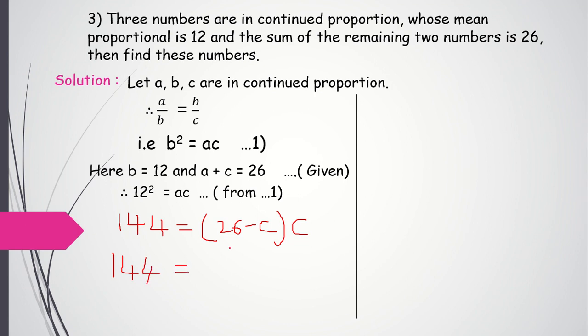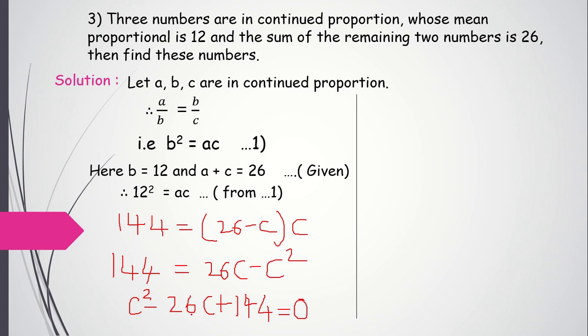Now multiply this C inside the bracket, we get 26C minus C square. Now just bring the like terms to the one side. That will become C square minus 26C plus 144 is equal to 0. Now this is a quadratic equation.